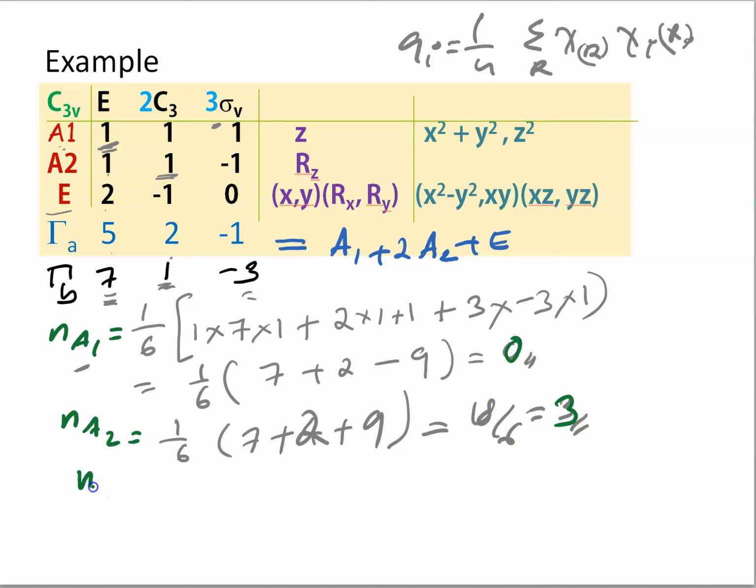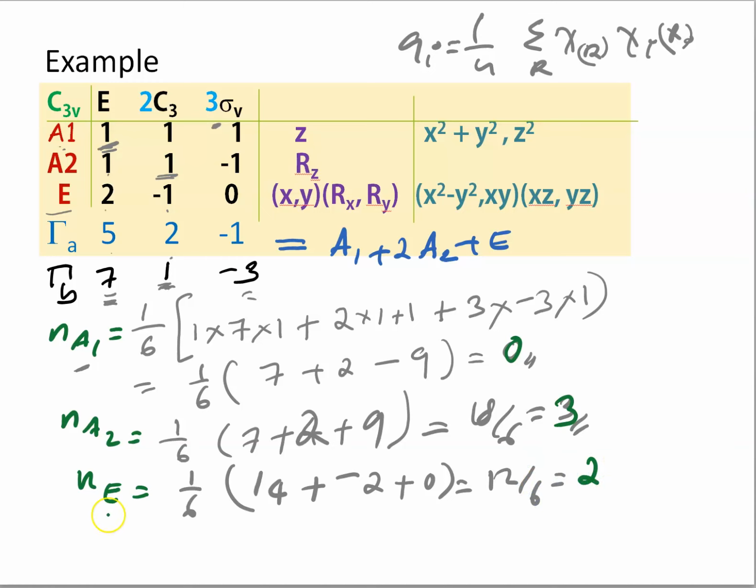Okay, next, N E, the number of times E is present in gamma B. Okay, again we can write 1 by 6 into 1 into 7 into 2, that is 14, plus 2 into minus 1, into 1, that is minus 2, plus 3 into minus 3 into 0, that is 0, and that is equal to 12 by 6 is equal to 2.